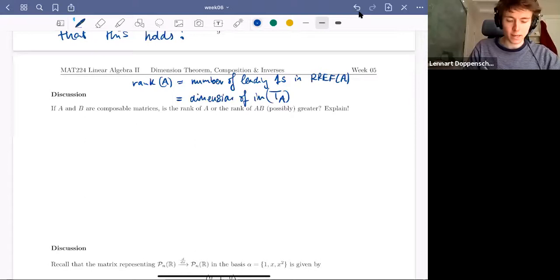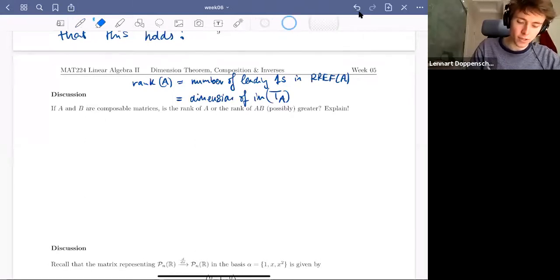And now please discuss if you have 2 matrices A and B. Oh yeah, let's first look at this. What does it mean to be composable?